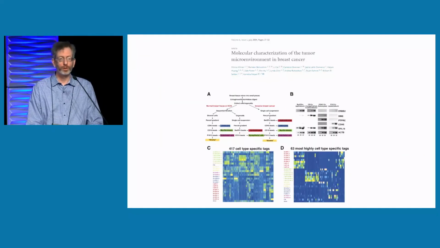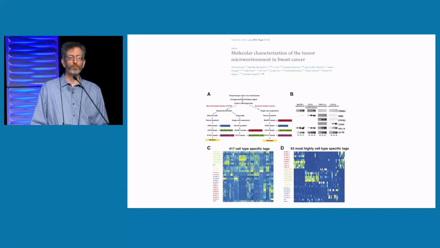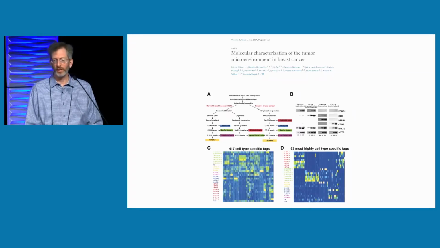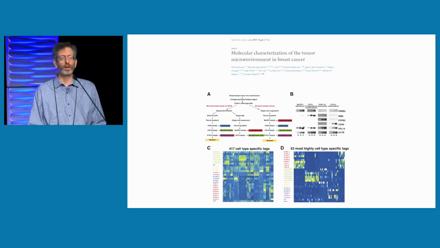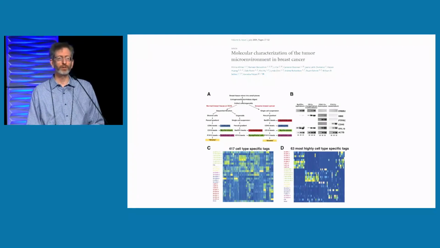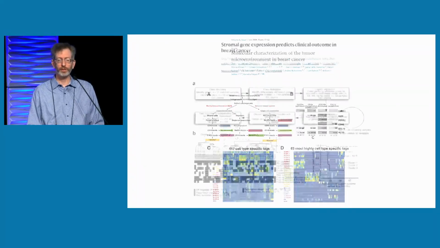I want to also note that there have been a number of really seminal studies that have examined the stroma in invasive breast cancer. And this is a study done by Nellie Polyak's group back in 2004 that looked at identifying individual components and their expression factors in invasive breast cancer.